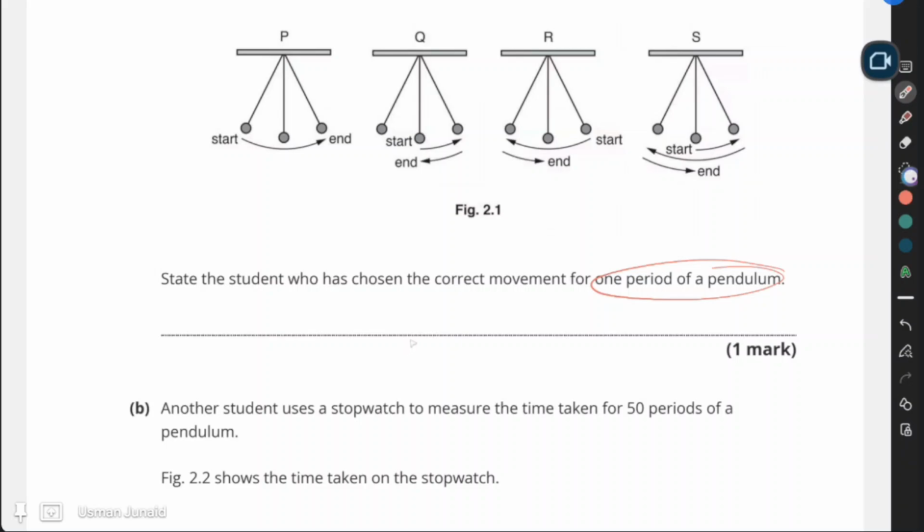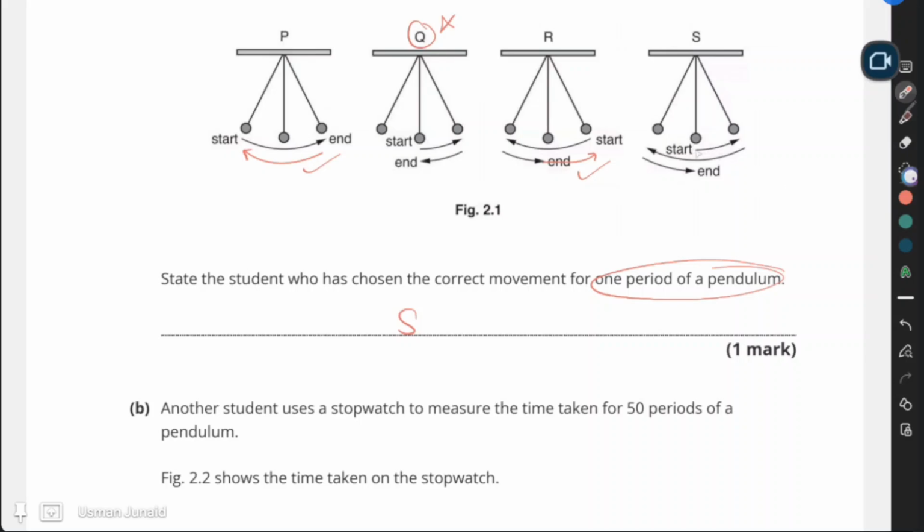S. Exactly, right. However, if this student had taken this as his time period, he would have been correct. This student cannot be right at all. And if this student extended it to here, he would also be right, and if he did this, he would also be right.